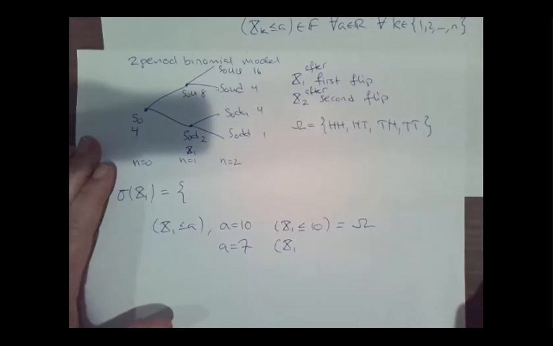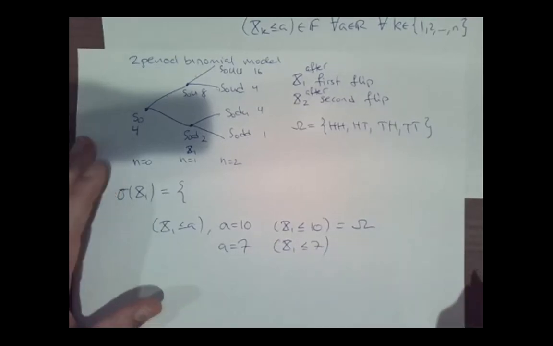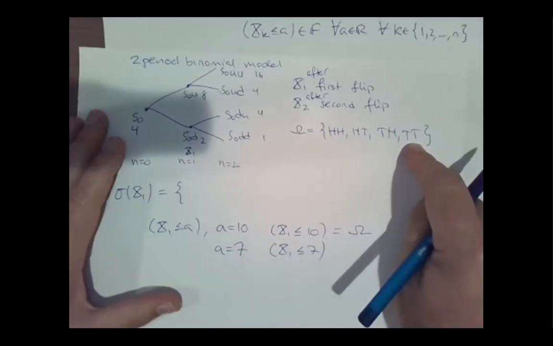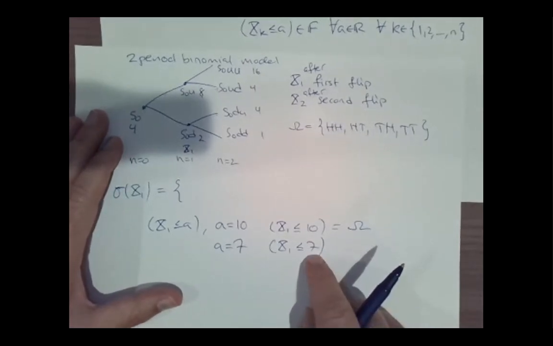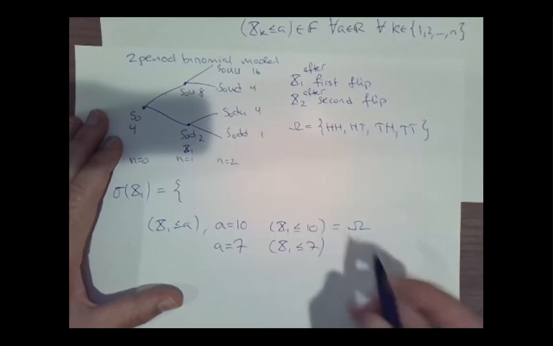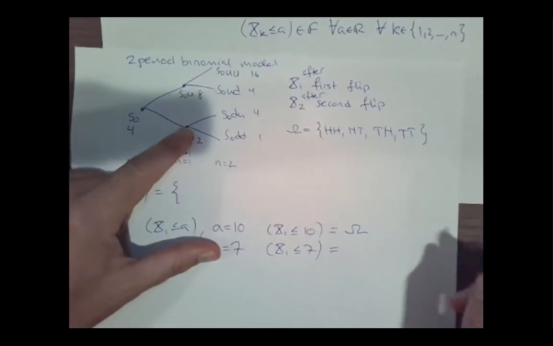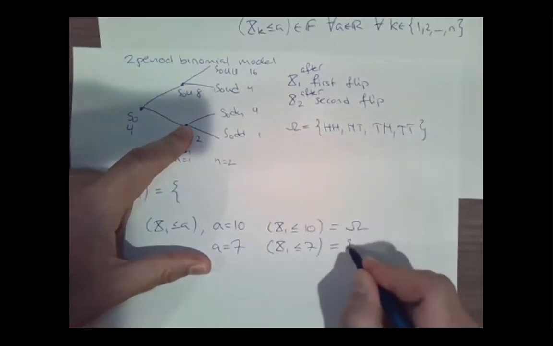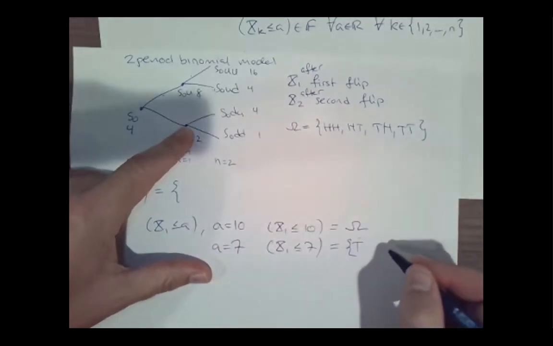If I pick A to be 7, what points in my omega space can I feed into x1 if I want to get a value that is less than or equal to 7? Just T. There's no just T.